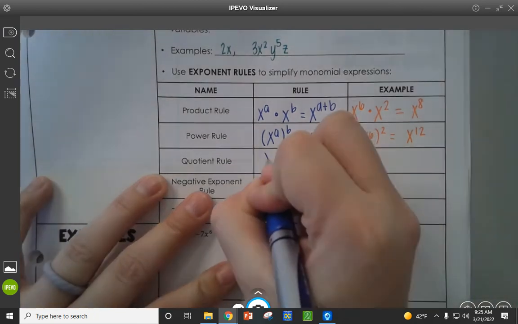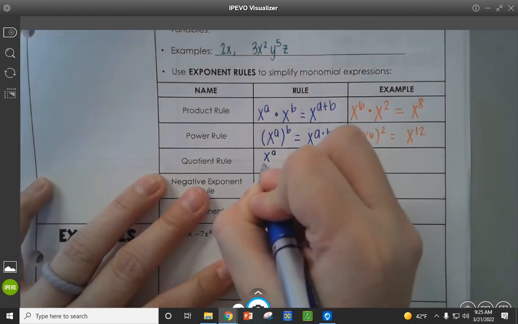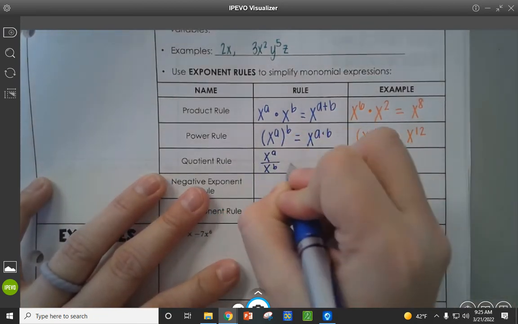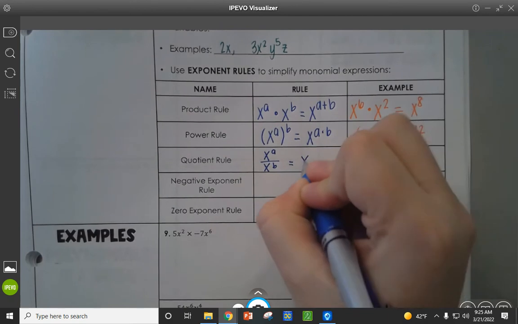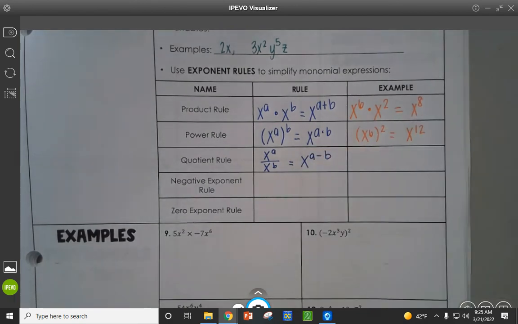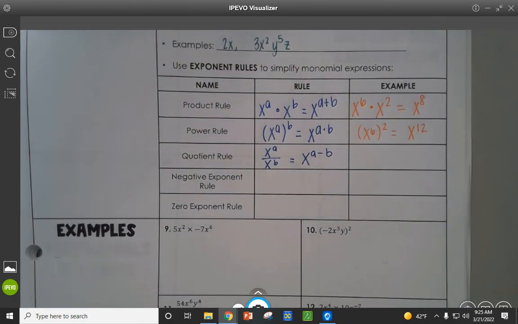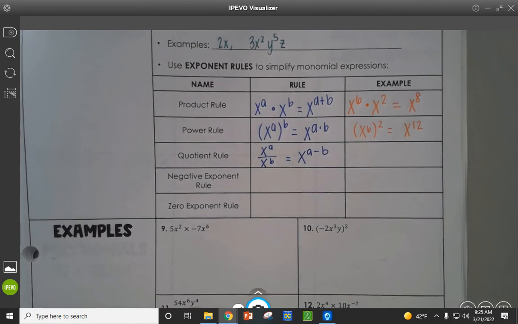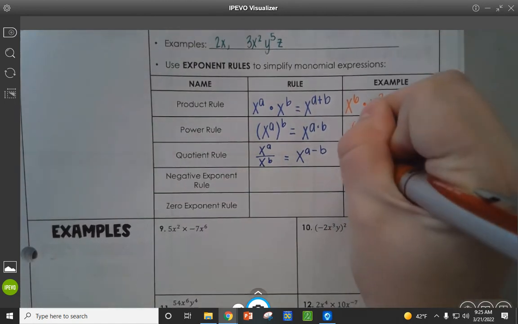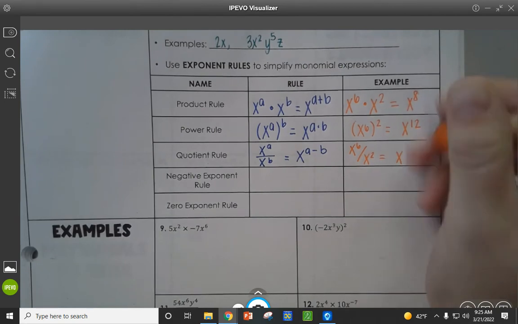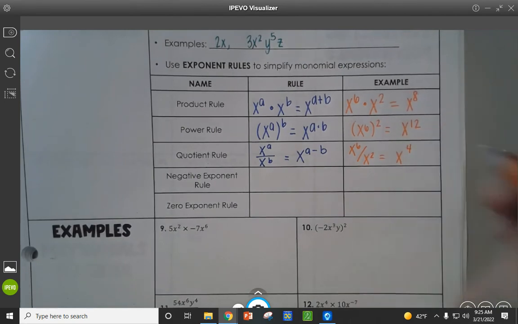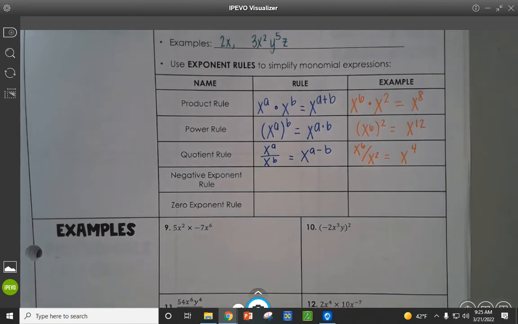If we have x to the a divided by x to the b, you subtract them. x to the a minus b. So x to the 6th divided by x squared would be x to the 4th. Subtract. 6 minus 2 is 4.